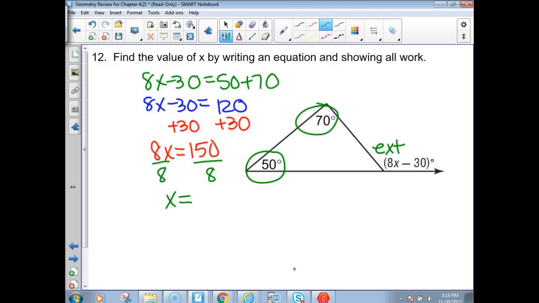All right, it should be 150 divided by 8. That's correct, Akasha. 18.75. Yep, it's 18.75. You want to give me the whole answer. It's like 18 3/4. Don't round it. Just write 18.75.